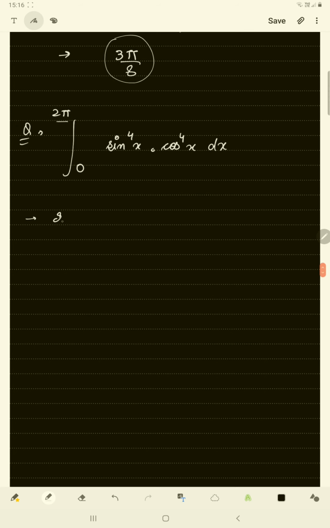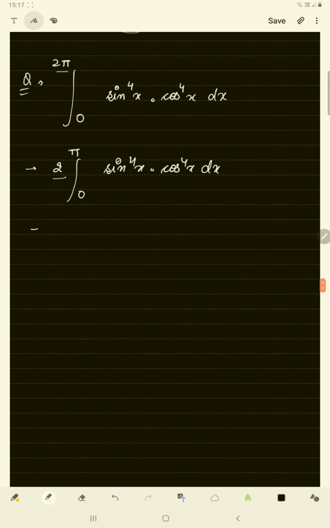When we use it one time, we get 0 to pi as our limit, because the limits get divided by 2, and the 2 appears outside the integration sign. We don't see a significant improvement, so we use it another time so that we get the limit that we desire.